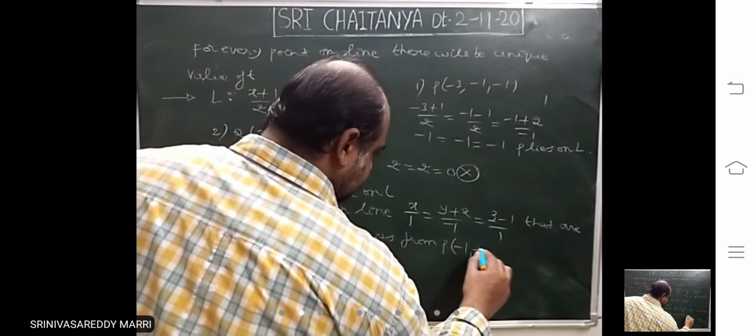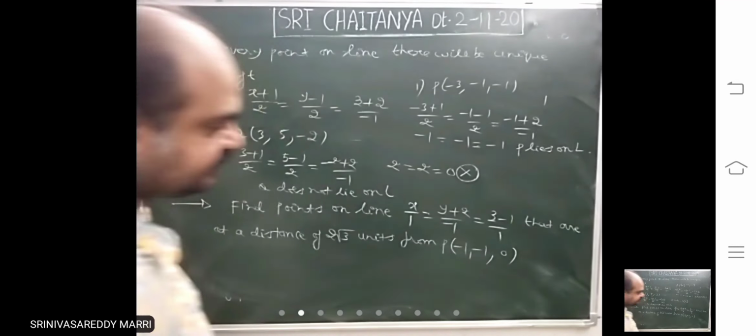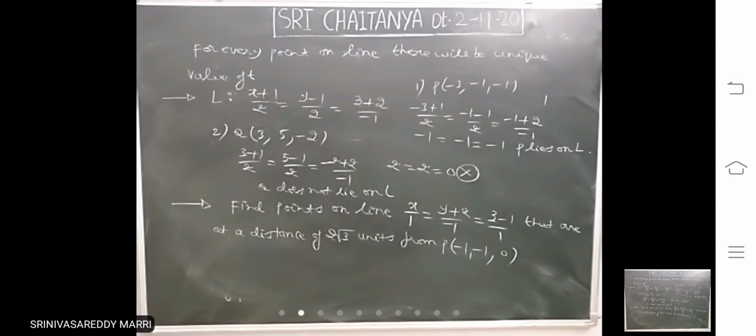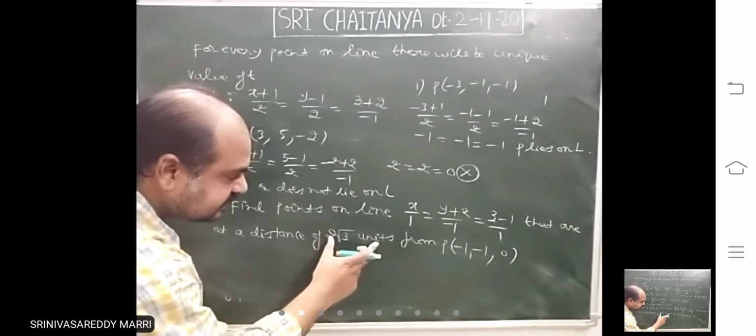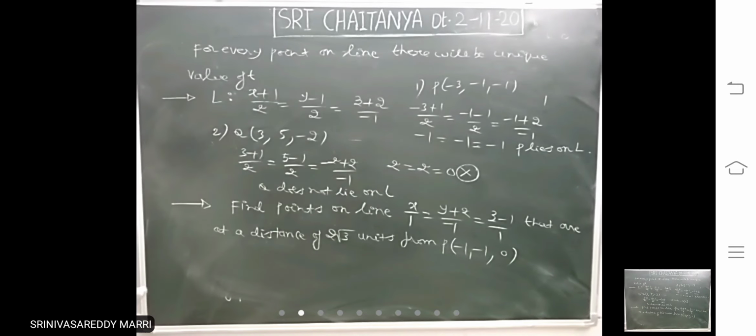One point is given: minus 1, minus 1, 0. Right? You have to find points on the line that are at a distance of 2√3 units from this point.